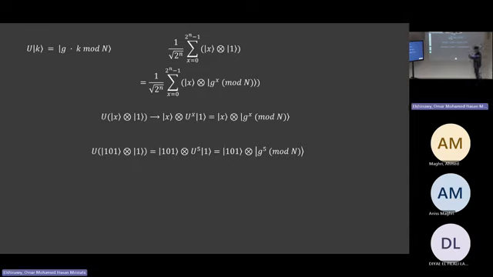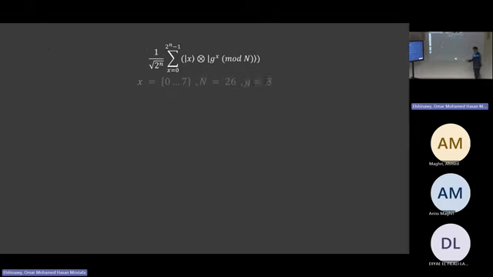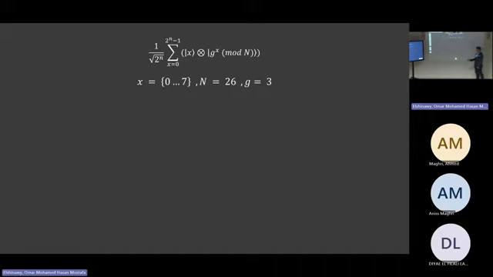Next, you could notice that actually we have some periodicity in our quantum state due to the modular properties, right? To make it even more clear, let's say that we applied the U transformation in a stage where x is going from 0 to 7, N was equal to 26, and our random guess was equal to 3. What would this give?